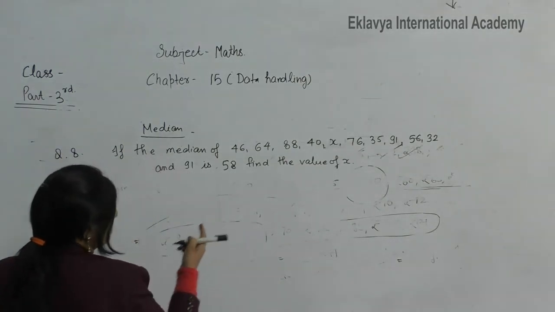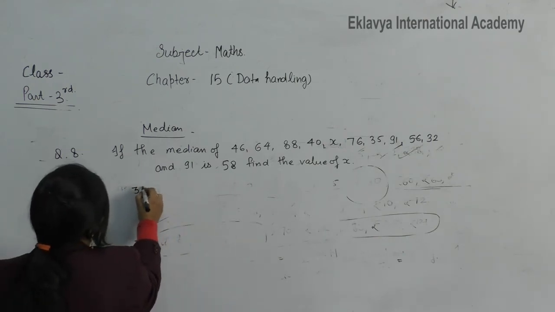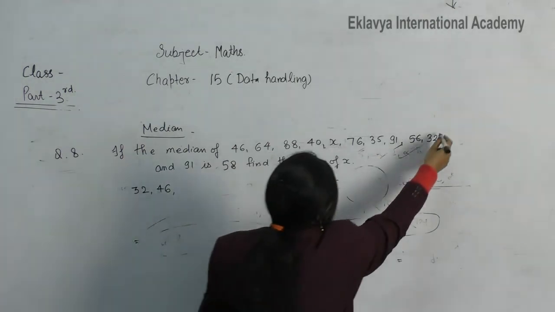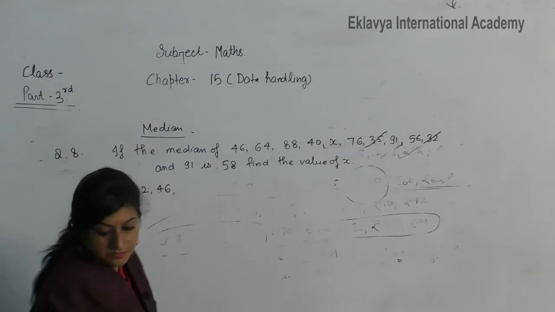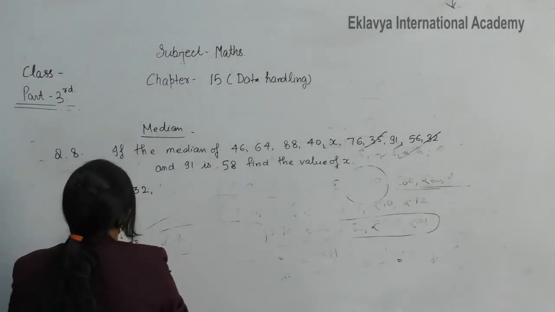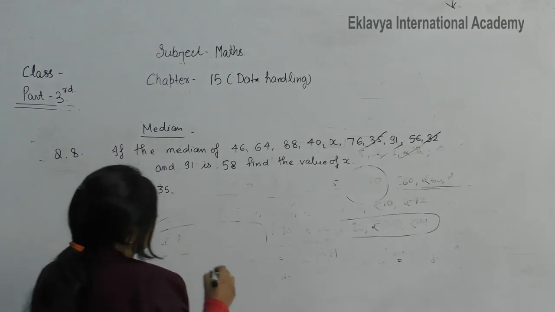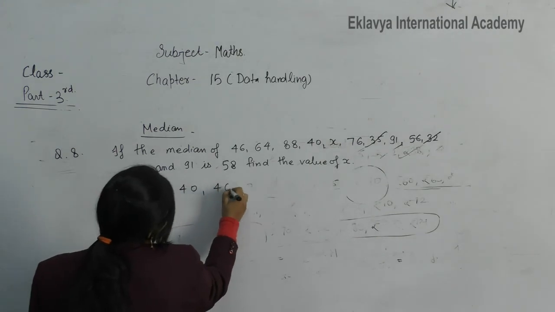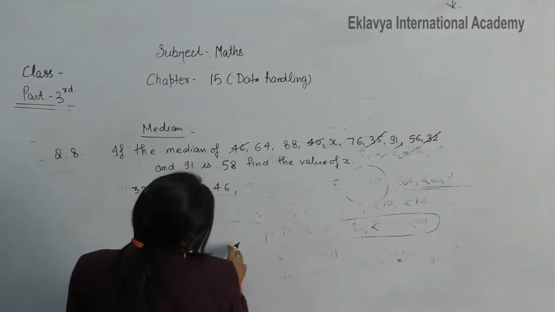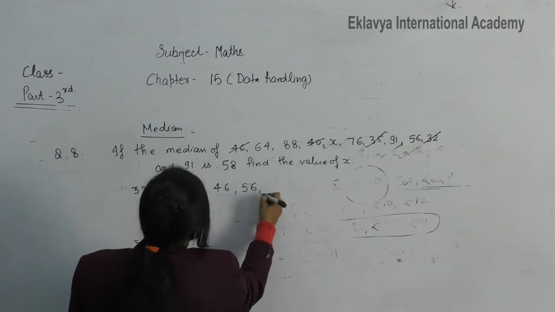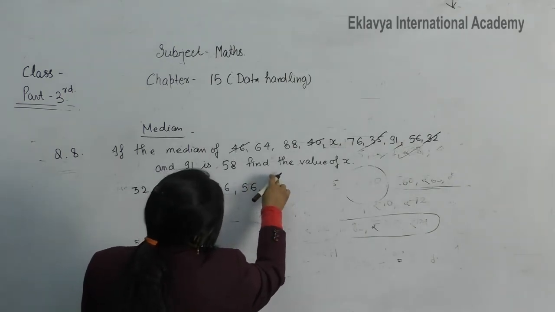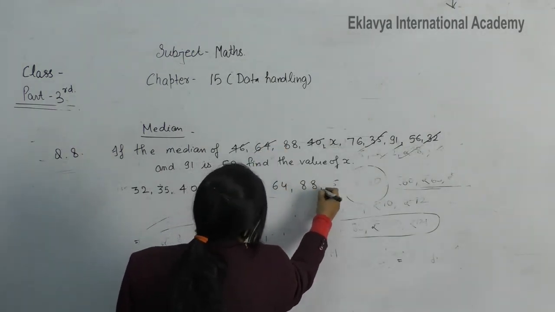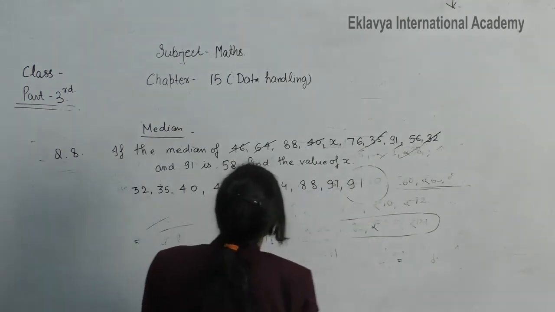How to arrange? 32, then 35, then 40, 46, then 56, after this 64, 76, 88, 91, 91.